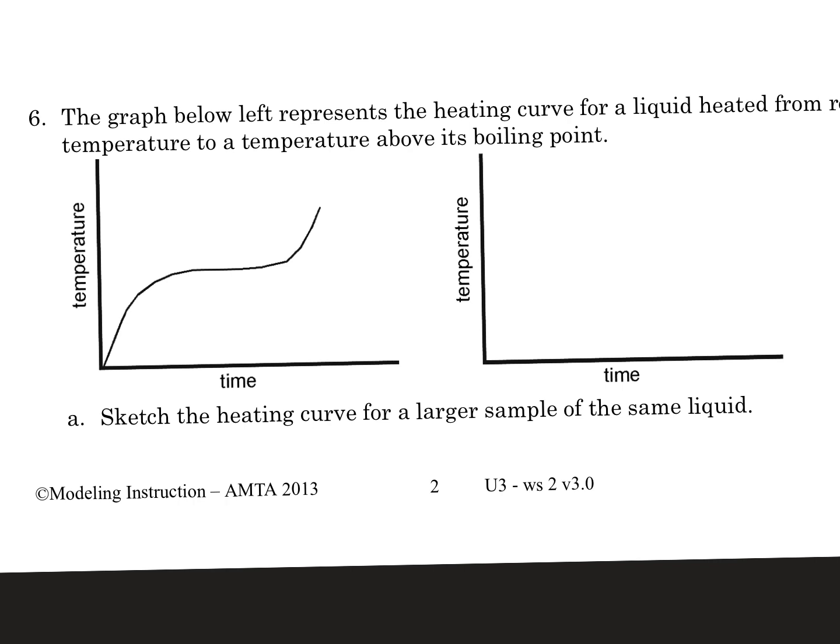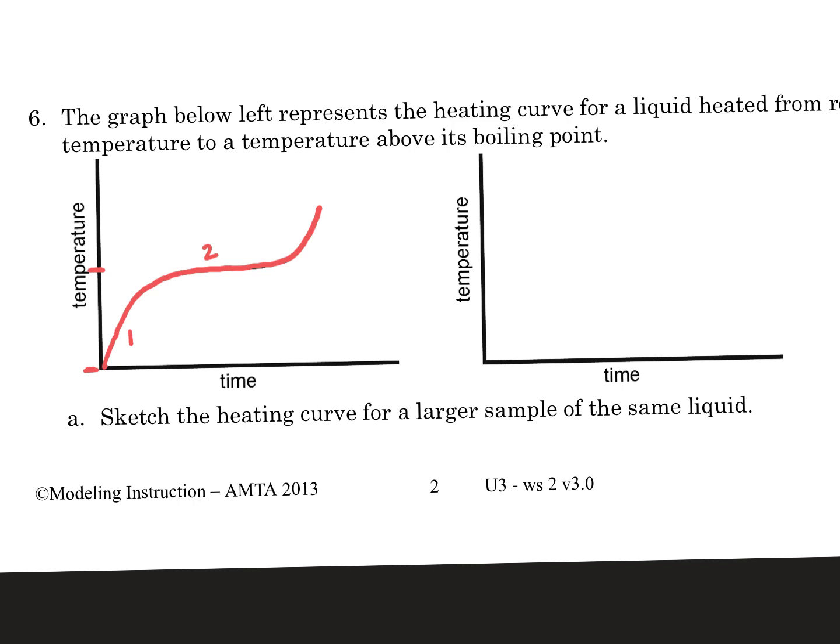Okay, so here we are. I'm going to draw some things here, but here's our heating curve for this liquid. Over time, we're increasing in temperature. I'm going to separate this into numbers. So during part 1 of this graph, we're going from a cool liquid to a hot liquid, okay?